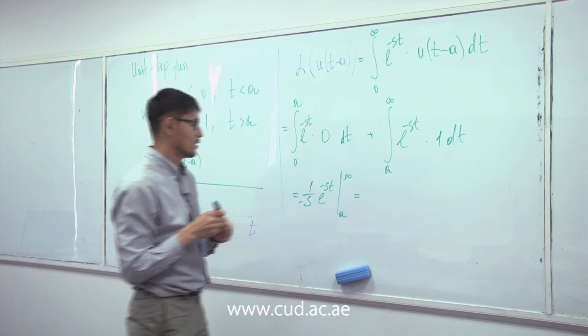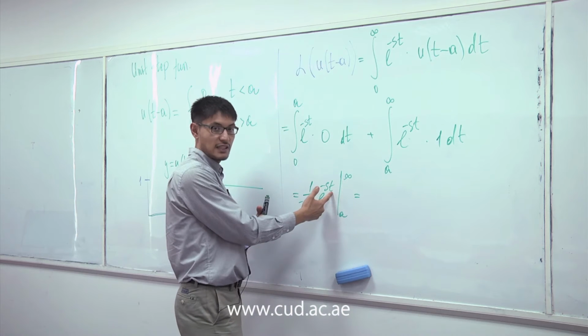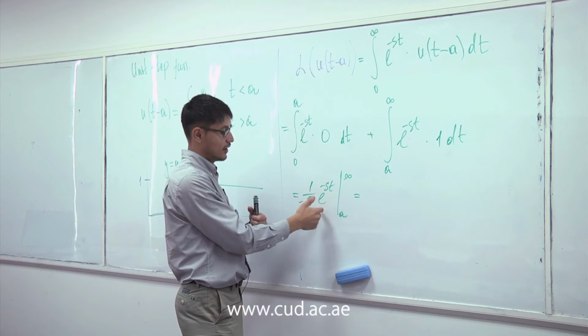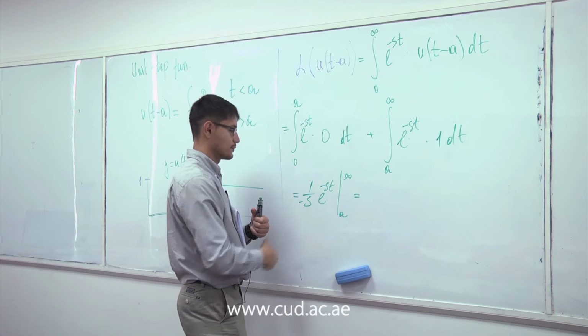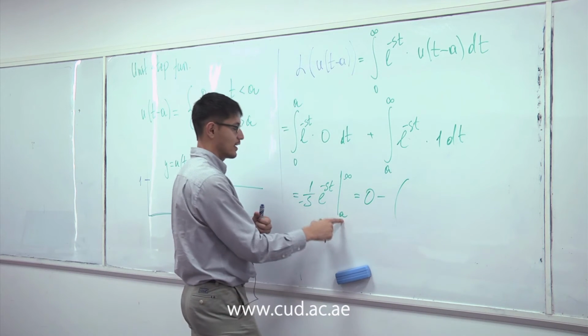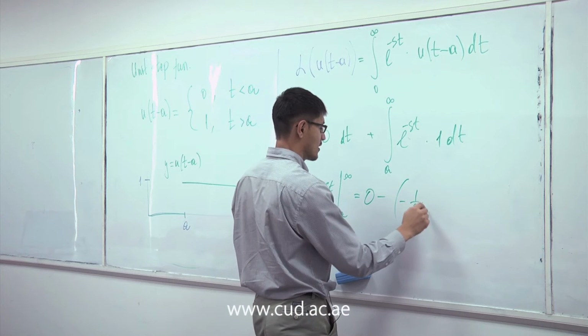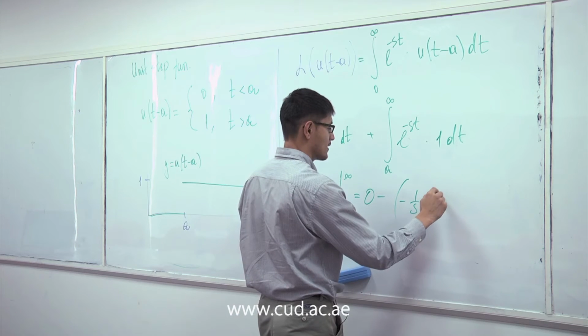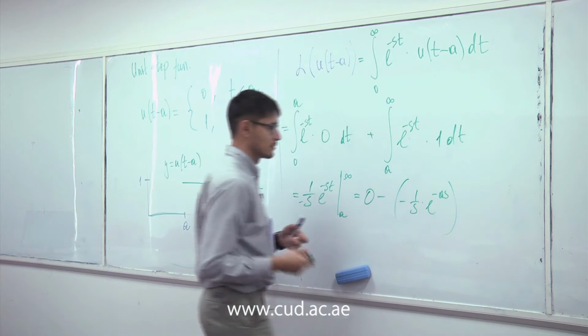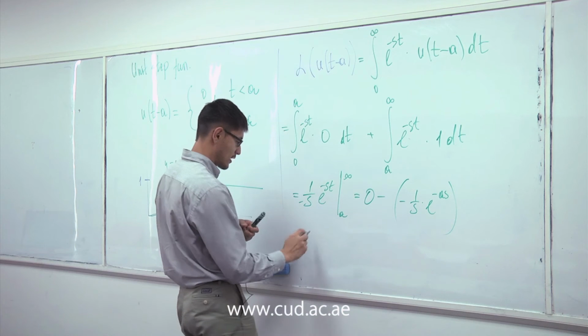Now if we plug in infinity instead of t, it's going to be e to the minus infinity, which is 0. And then if we plug in a instead of t, we will get minus 1 over s times e to the minus as. So in the end, we get the following formula.